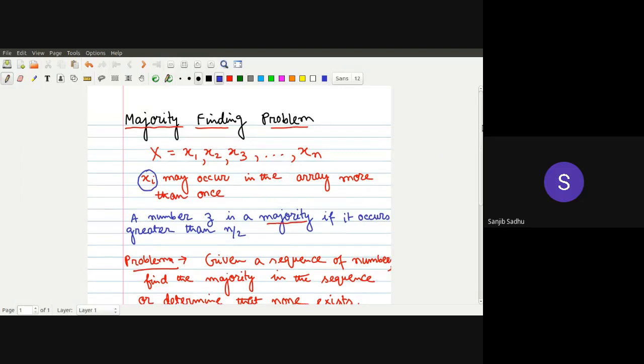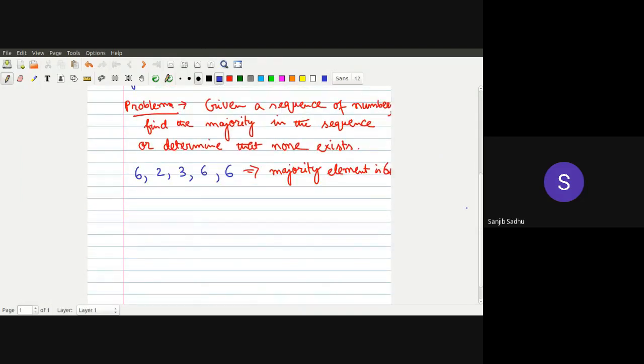Now, how can you solve this? I am not asking for the efficient one first. First you try to find a solution for this problem using an inefficient method, meaning the time complexity may be large.